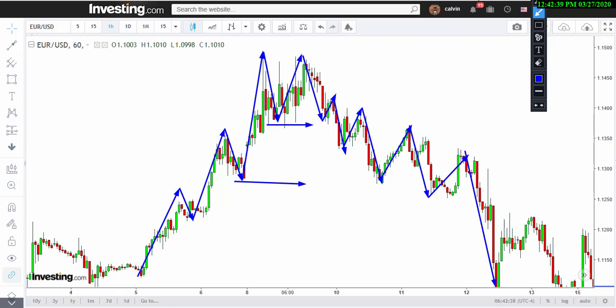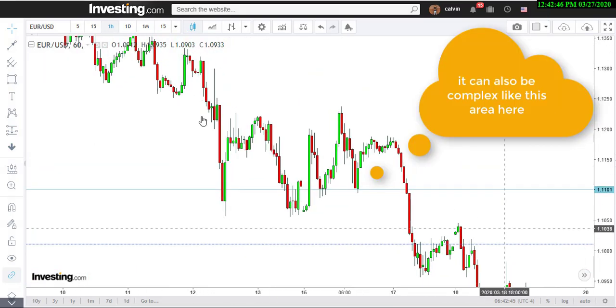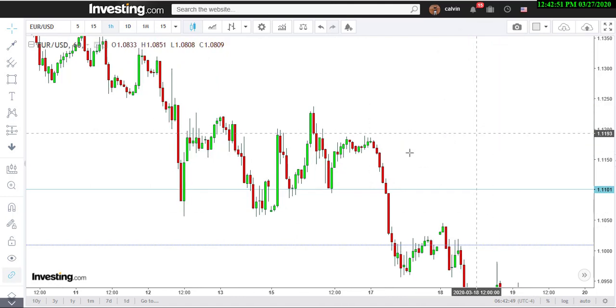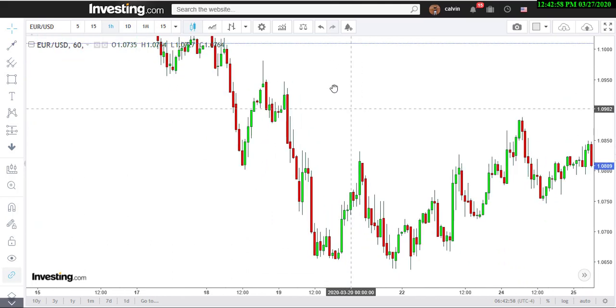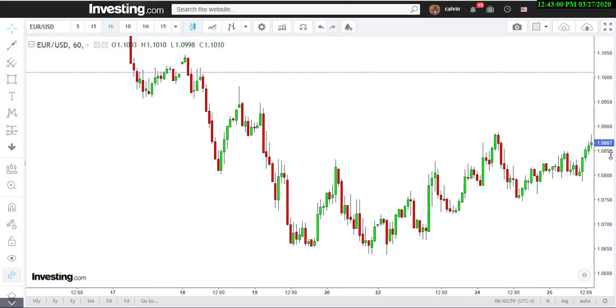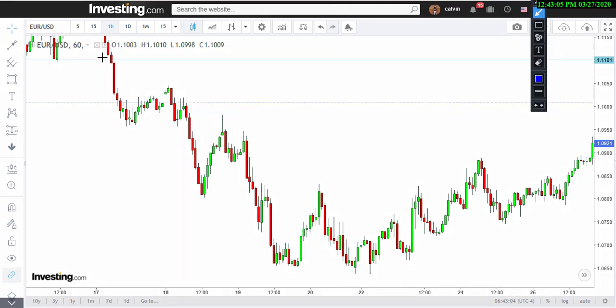Okay, so let's move on because we are still bearish. The trend is pushing lower, lower, lower. Still pushing lower. If you want to trade like this, you just have to find the simplest ones first.